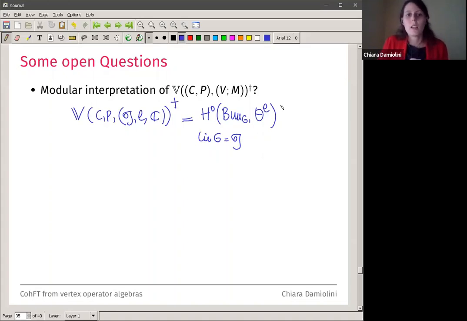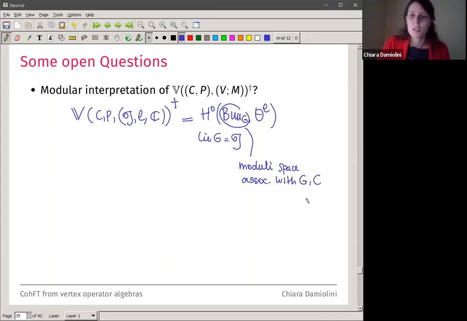So essentially, I can deduce information. I can study, this would be called generalized theta functions on another moduli space, which is associated with G and the curve C. I can study this other moduli space. I can do other algebraic geometry using these spaces.